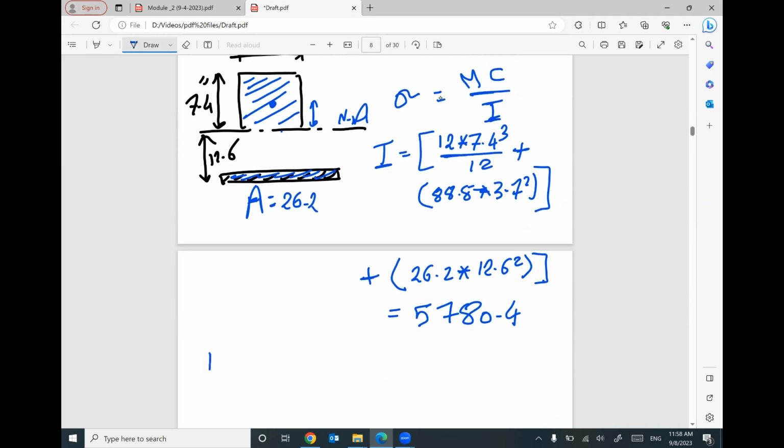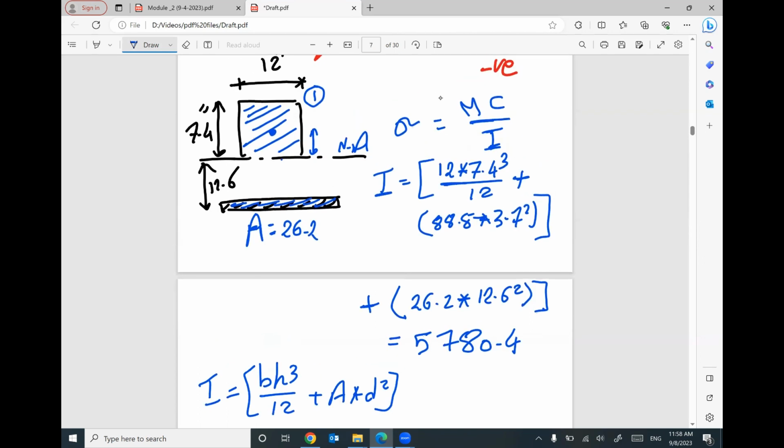Your moment of inertia equals BH cubed divided by 12 plus area times distance squared for the first part. B is 12, H cubed 7.4 cubed divided by 12, plus the area.